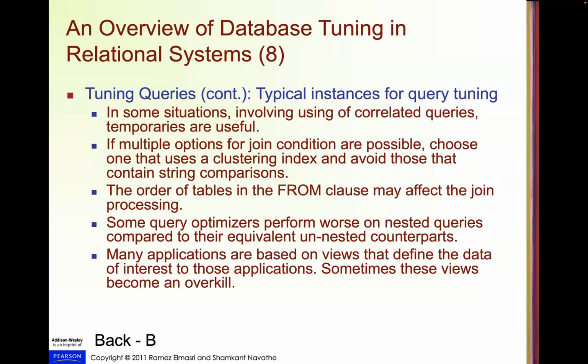If multiple options for join conditions are possible, choose one that uses a cluster index and avoid those that use string comparisons. So if you have different options for joining the tables, choose one that connects with the other table by using a cluster index and avoid string comparisons as much as possible. The third one is that the order of tables in the from clause may also affect the join processing.